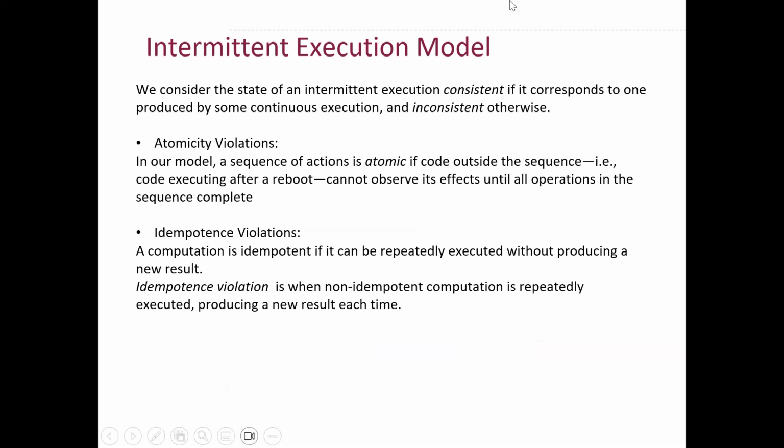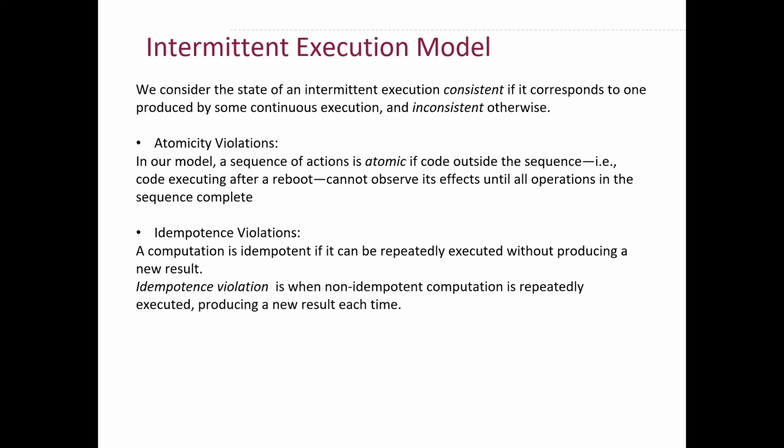So now coming to another paradigm of intermittent execution model. So in our model, a sequence of actions is atomic if code outside the sequence, that is, code executing after a reboot, cannot observe its effects until all operations in the sequence complete. So such an atomic sequence should also be isolated.